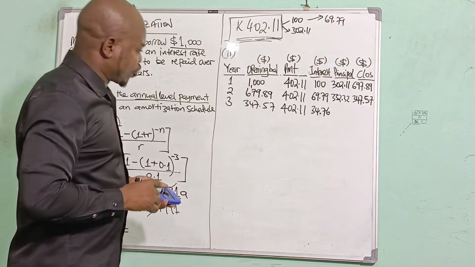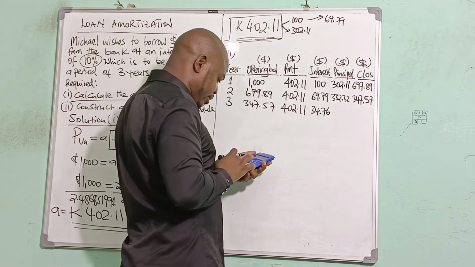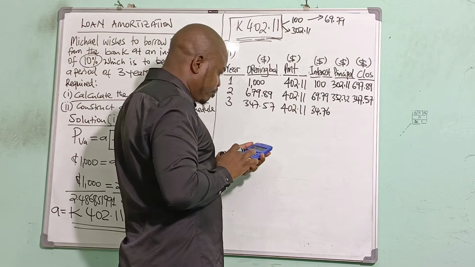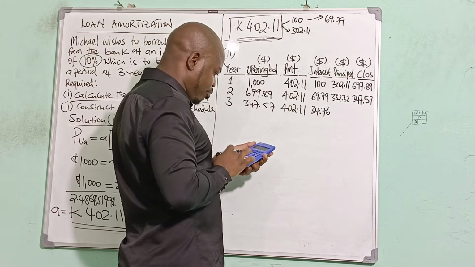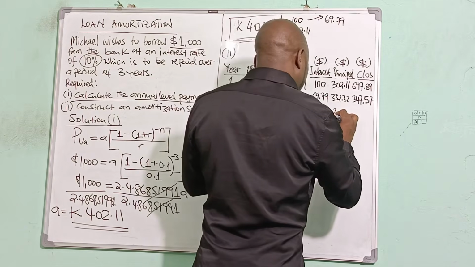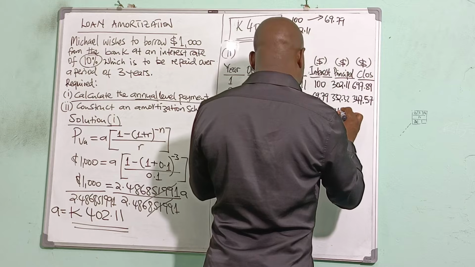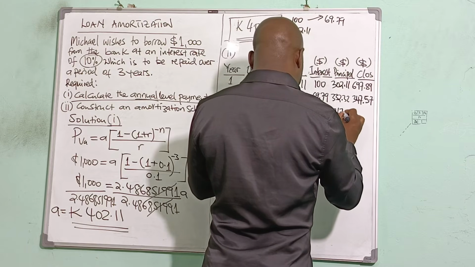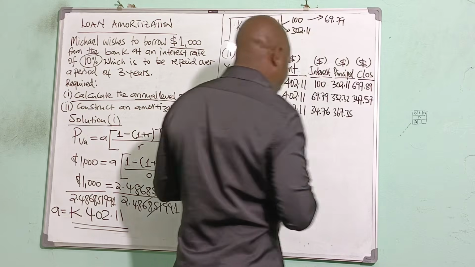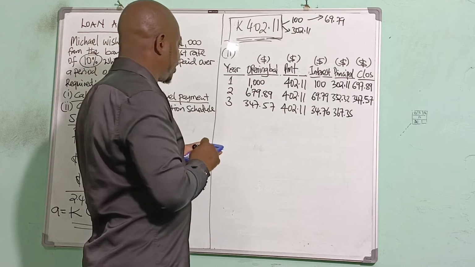As usual, I say 402.11 minus 34.76, and I have 367.35.